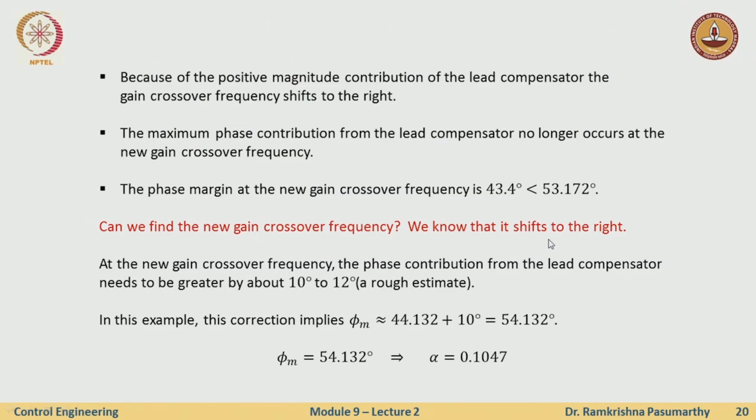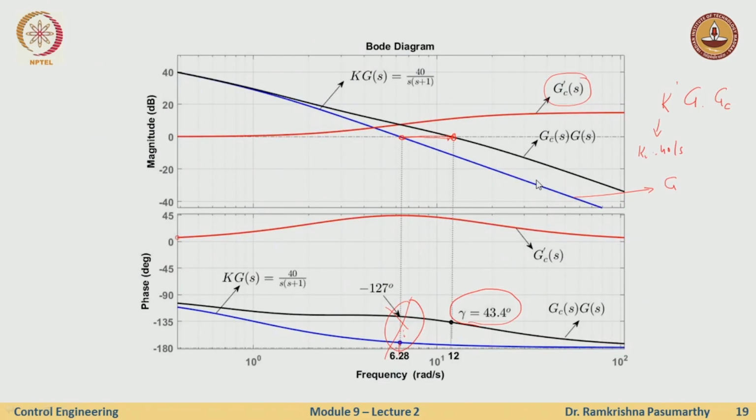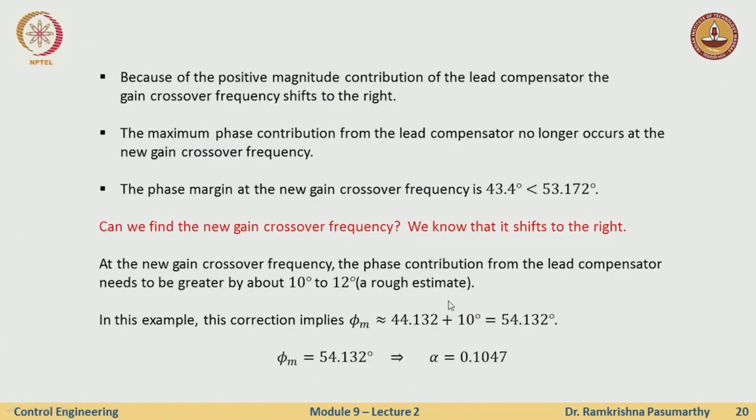Well, one technique is okay. Instead of 43, this should have been 53. So, can I convert this 53 which I was designing to be here to be some 63, for example. If I push it a little further up, this will naturally go up. So, that is one technique. At the new gain crossover frequency, the phase contribution should be greater by 10.